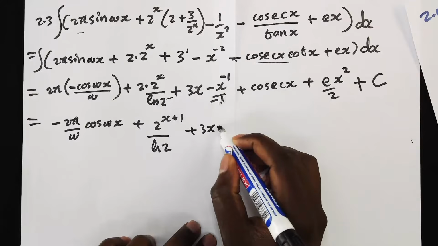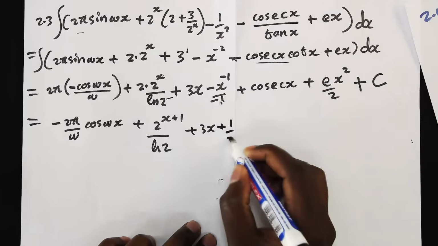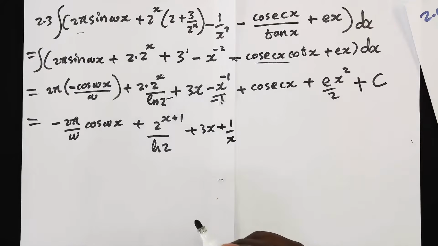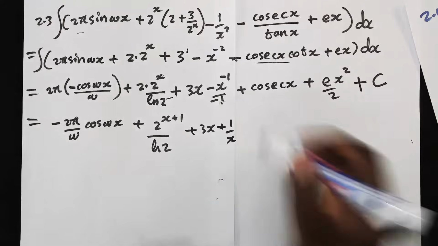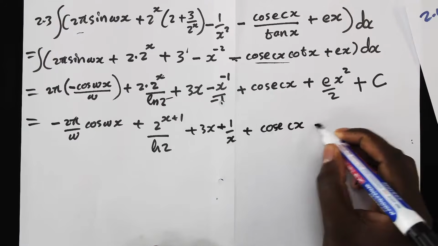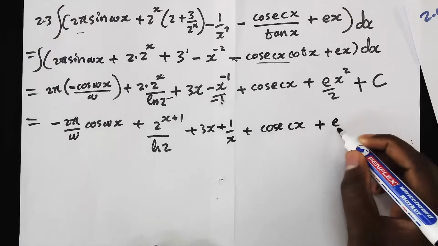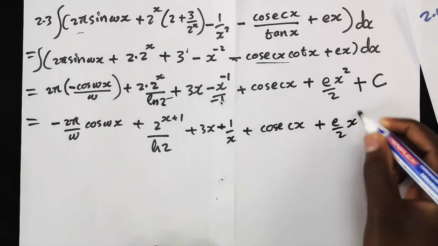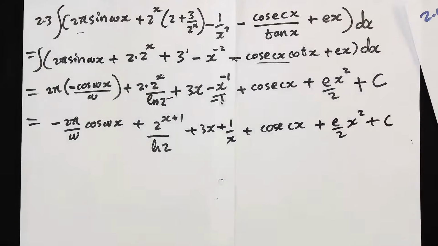So we must leave it as positive 1 over x. Take x to the denominator because they're positive divided. Plus cosec x. Therefore, plus e over 2 x squared plus the constant, if you wanted to simplify. Please learn to simplify, learn to simplify.